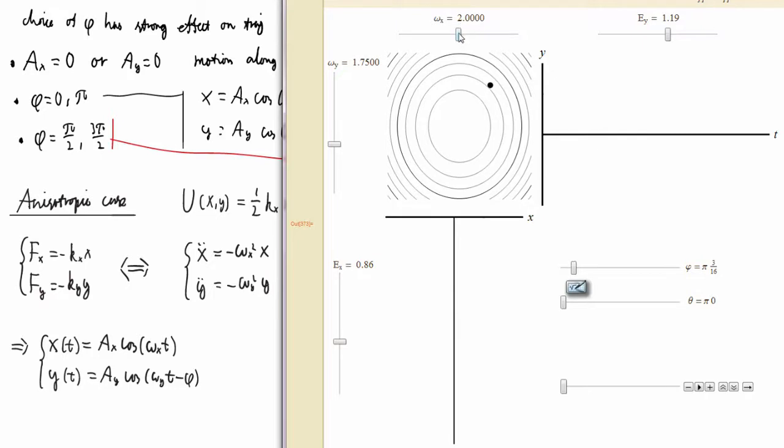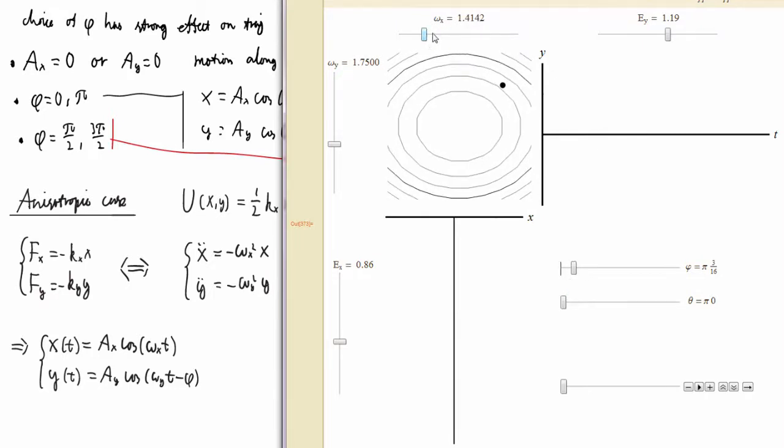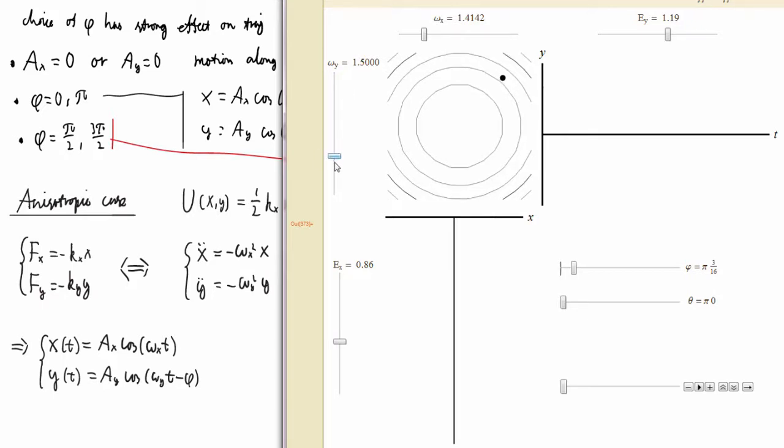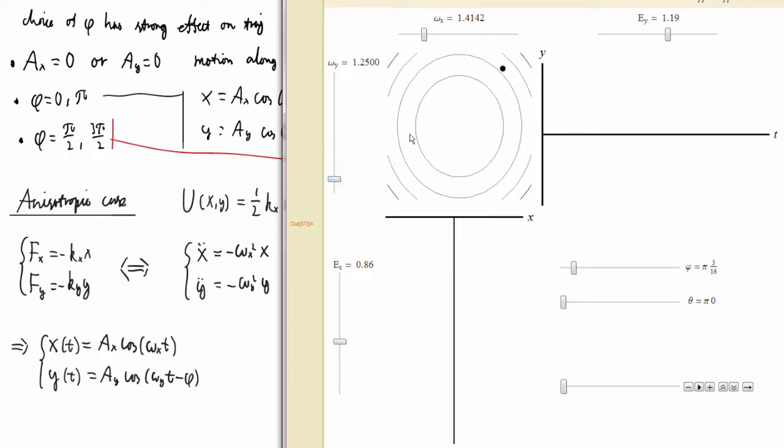Let's say that omega x is square root of 2. Can't tell here, but this is actually square root of 2. It doesn't end after this, it continues. And we're going to pick omega y to be 1.25. And we'll take an original angle of, let's say, 11/16 pi. Let's see what that does.